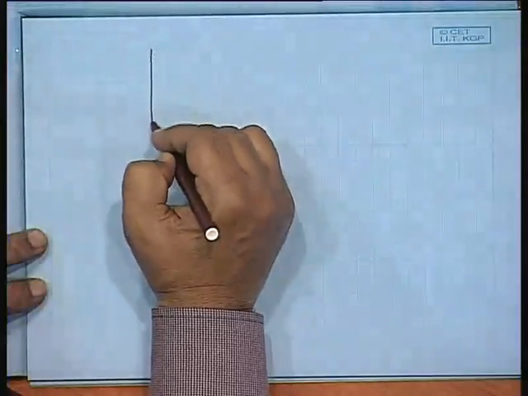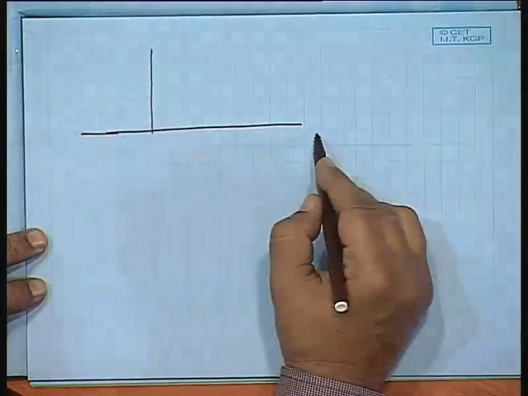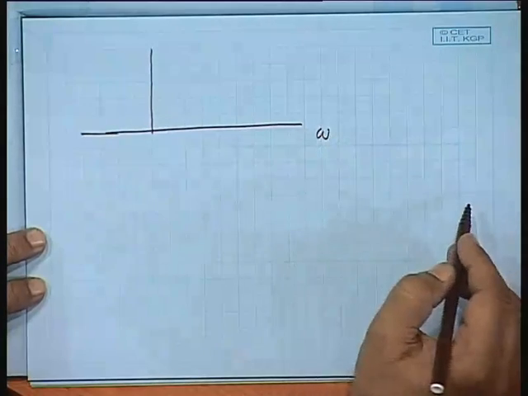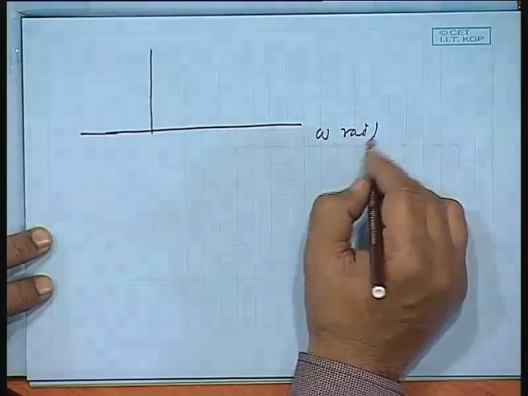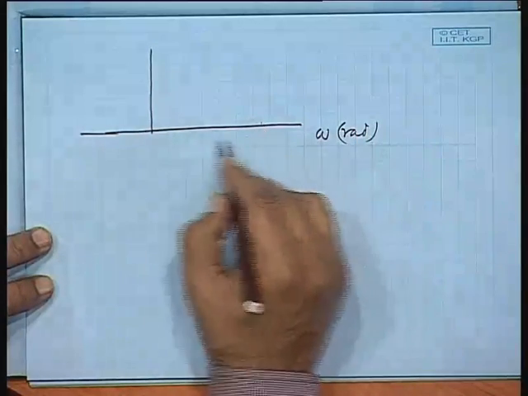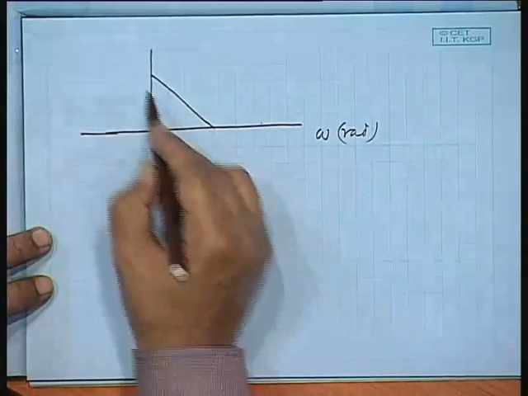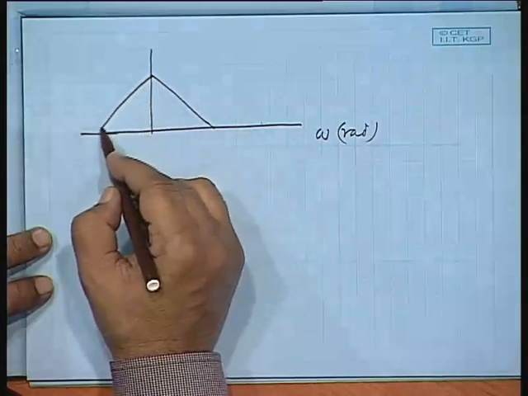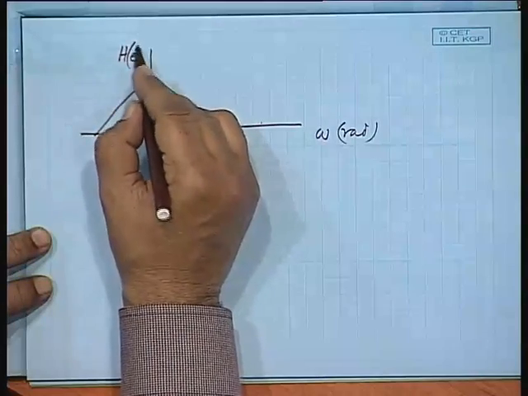What would be its frequency response? Let us see. This is the discrete frequency in radians. Suppose I am just considering a very simple frequency characteristic.